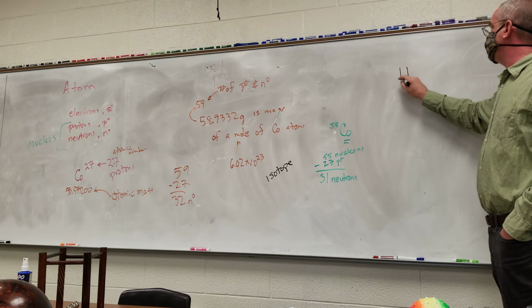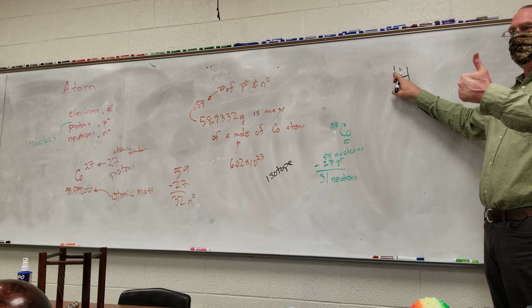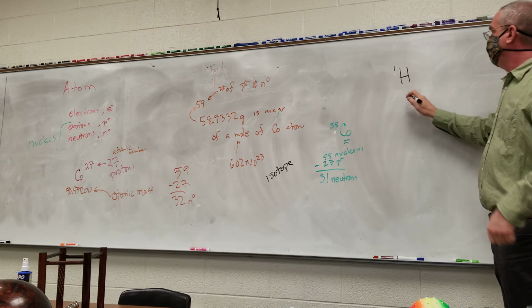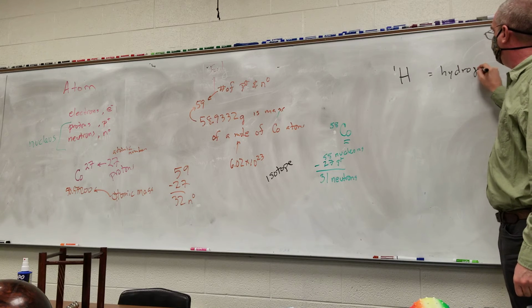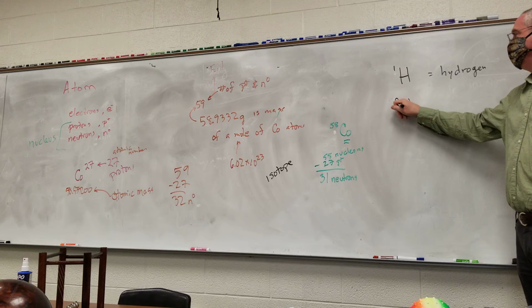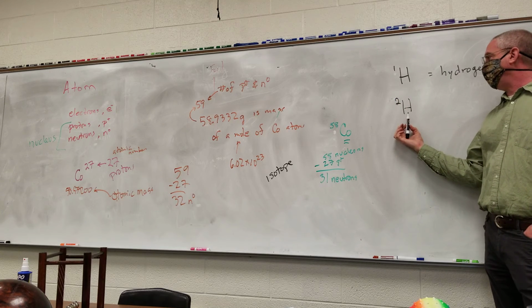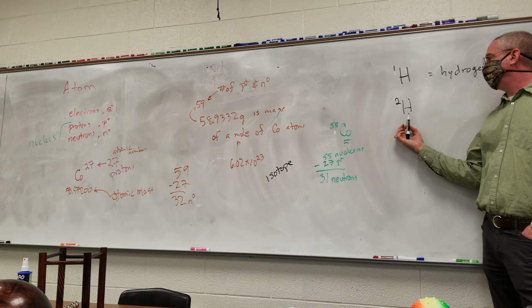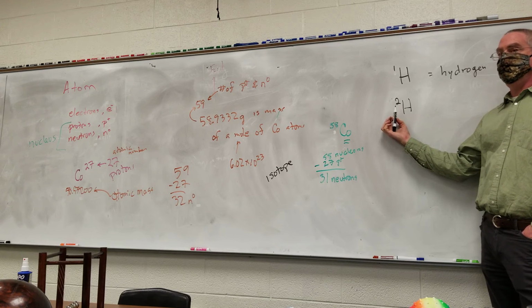So if I take hydrogen, 1, so that means I've got 1 nucleon, and it's got to be a proton. So this is known as hydrogen. Shocking. If I take H2, hydrogen with 2 nucleons, how many protons are there? 1.